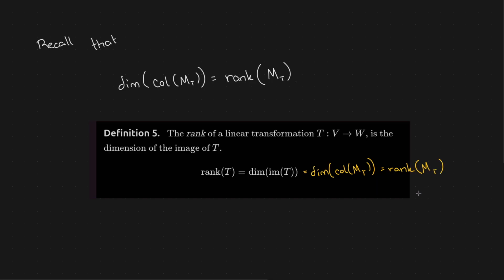So in the special case where T is a matrix transformation, the rank of the transformation and the rank of the standard matrix of the transformation are going to be the same. But if T is not a matrix transformation, this wouldn't apply. We still have a way to define what it means to have the rank of a linear transformation, even if it's not a matrix transformation. We define it to be the dimension of the image of the transformation.